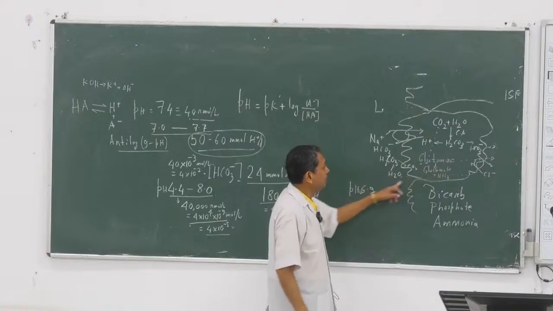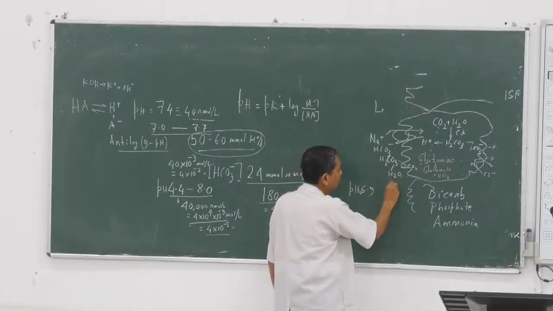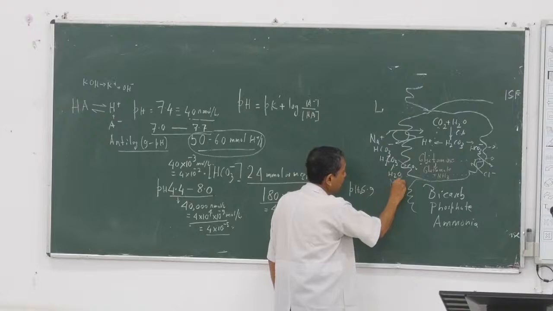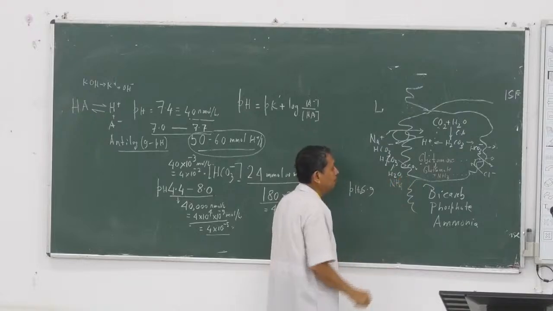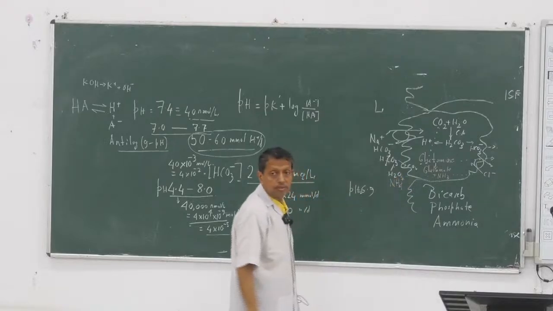And whenever NH3 comes into the lumen, it will react with hydrogen ion and form NH4 cation. NH4.